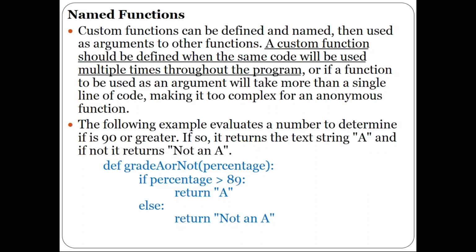Okay, or your part of the code can be passed as an argument to some other transformation. Now we are using a function, grade A or not. Okay, this one, and how it works and how this can be used in other functions, I'm going to explain you now.